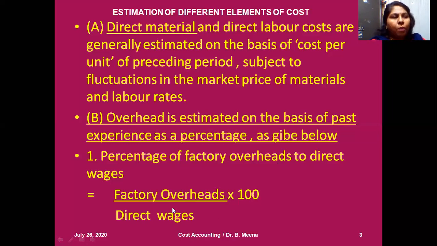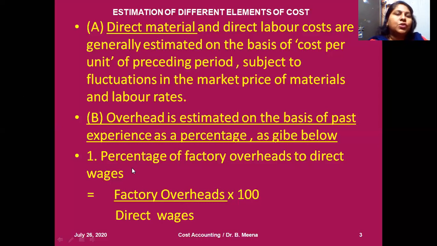Make use of this formula to calculate the percentage of factory overheads, and this formula can be applied on the past information. That is, we have information to prepare the cost sheet, so make use of that information to substitute in this formula to calculate the percentages.